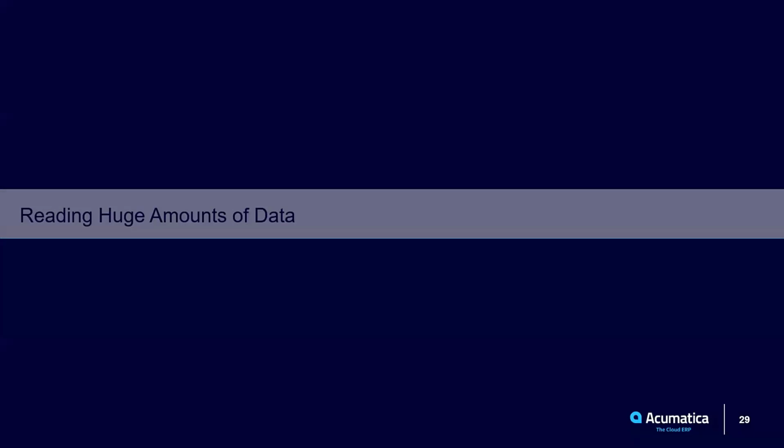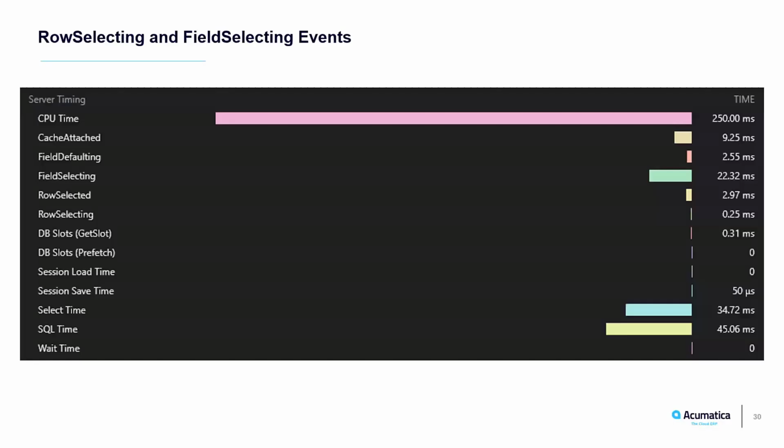So now let's talk about just reading huge amounts of data. Let's say, yes, you have removed all the unnecessary joins. Yes, you have removed all the heavy attributes, but still just the number of fields that you are selecting from the database, the amount of data that you are selecting, is just very, very big. And well, that is the picture that we saw previously.